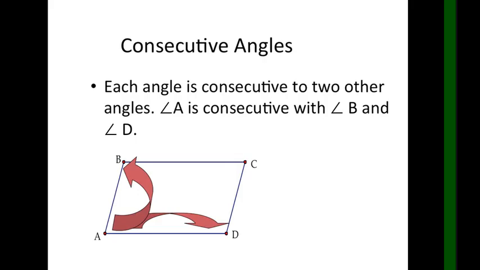Meaning, kapag pinag-add mo ang A at saka B, ang angle ng A and B, magpo-form ka ng 180 degrees. Ang angle ng A at angle ng D, pag pinag-add mo, magpo-form ka ng 180 degrees. Okay? 180 degrees. Angle A and angle B, angle A and angle D.